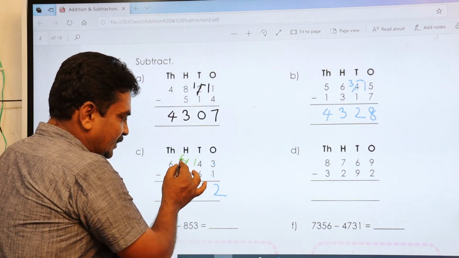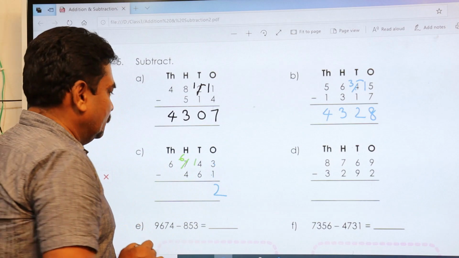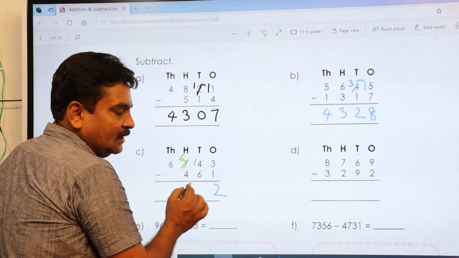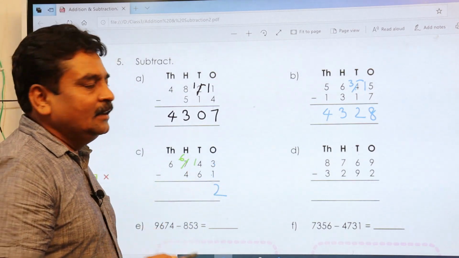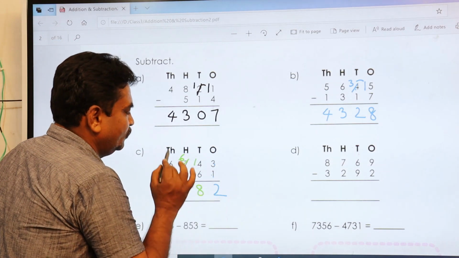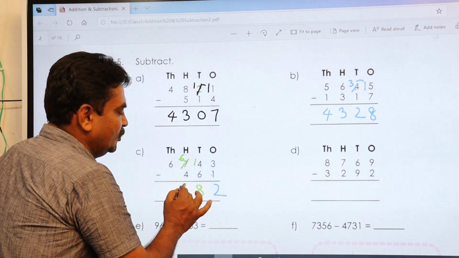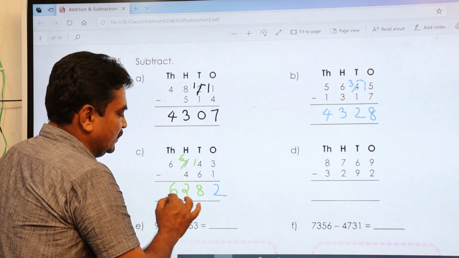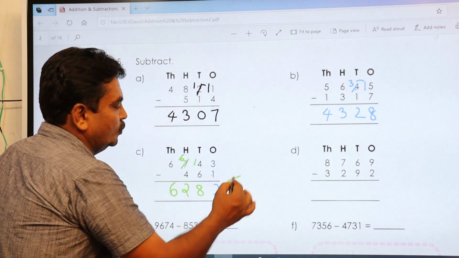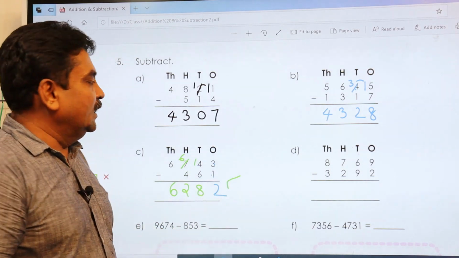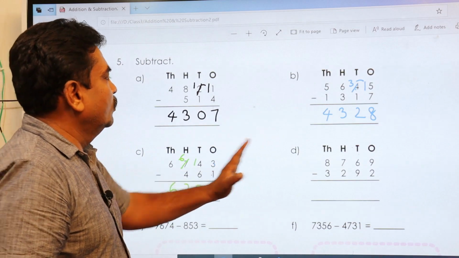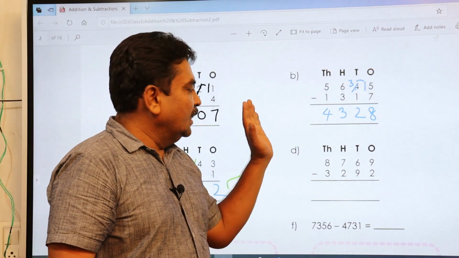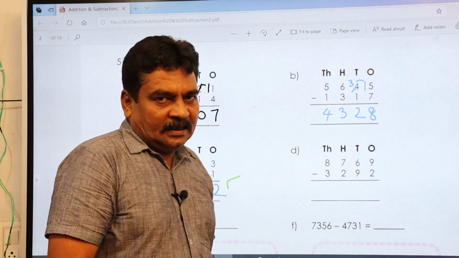First you complete this, then we'll do the next column. So 14 minus 6 is nothing but 8. And then 6 minus 4 is 2. And this is your 6. 6282 is your answer. In this way you are going to do. So I have finished these 2. Remaining you do by yourself.